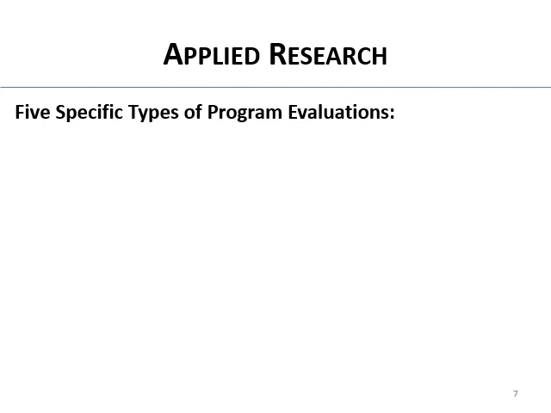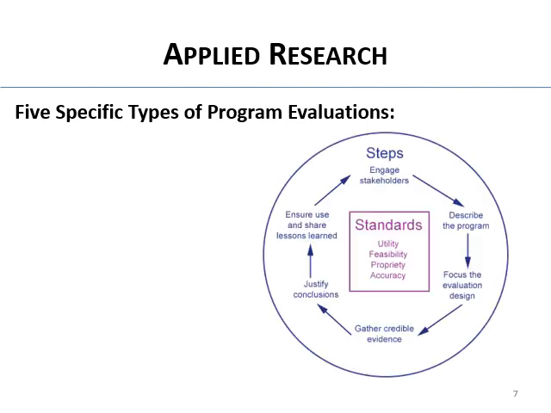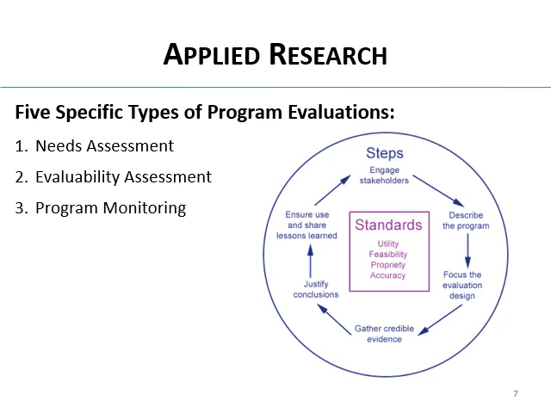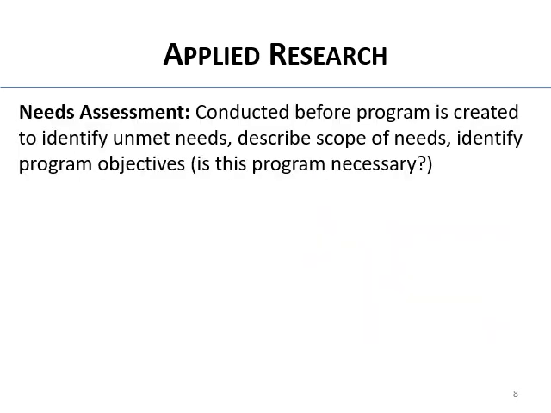So there are 5 specific types that fall under those 2 categories of program evaluations. There is needs assessment, evaluability assessment, which I swear is a made-up word, program monitoring, program impact, and efficiency analysis. So let's talk about each one of these in a little more detail.